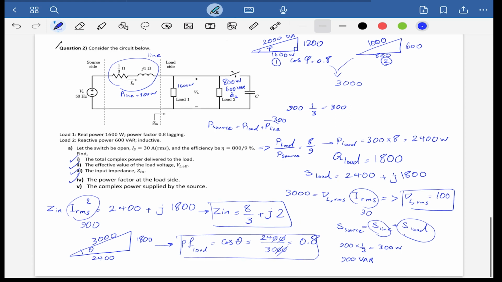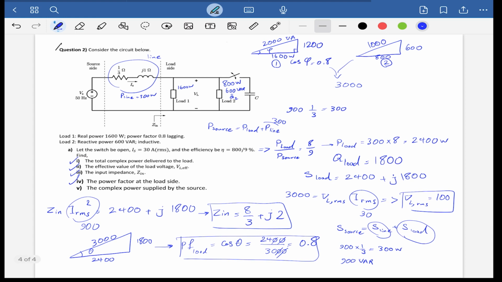So if we add them, then the S source, the complex power of the source, will be what? 2,400 plus 300, it will be 2,700 plus 1,800 plus 900.